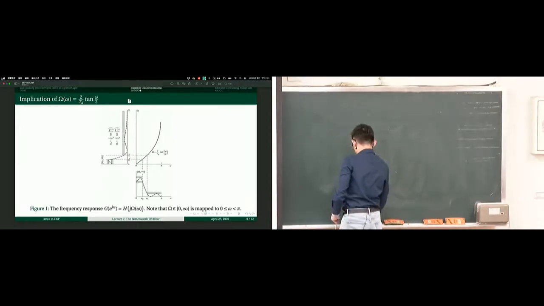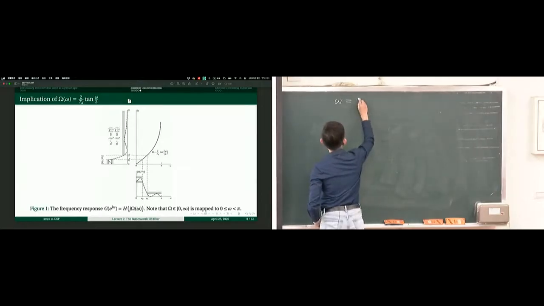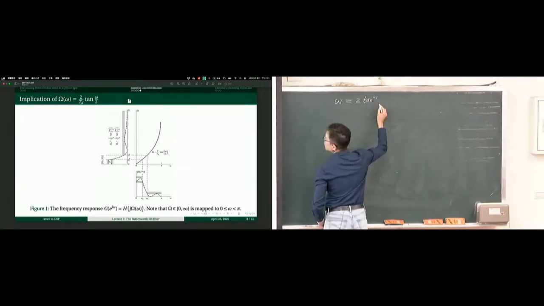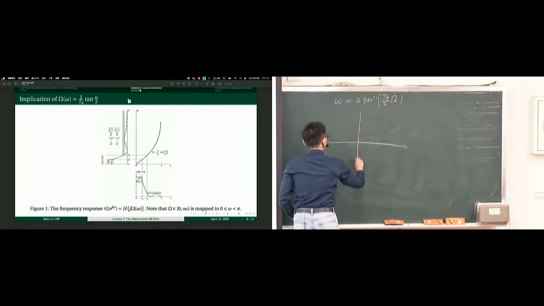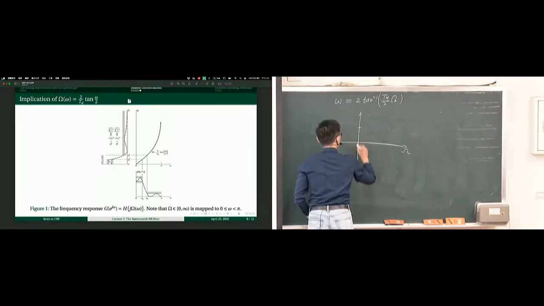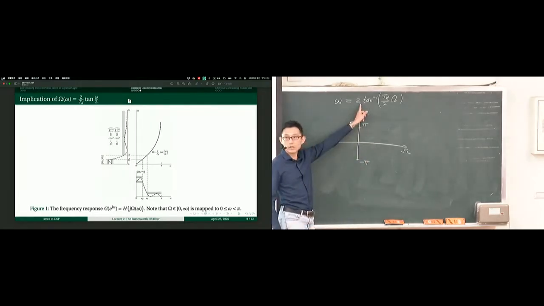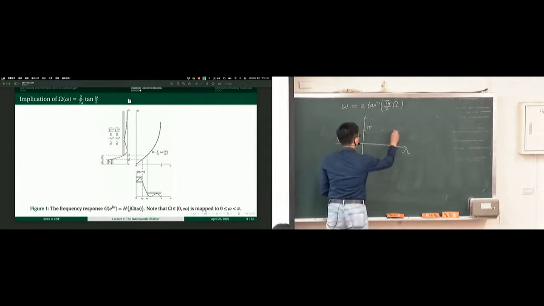It maps the entire real line to somewhere between plus pi and minus pi, because arctangent goes from pi over 2 to minus pi over 2, and we have a factor of 2 here.